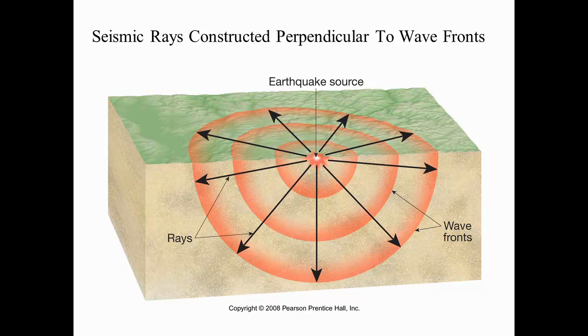The seismic rays originate at the source of the energy and are constructed perpendicular to the wave fronts. And there's an infinite number of seismic ray paths that can be constructed, and what we're going to do is just simply follow one or two of these paths and see how the seismic energy changes as it passes through deeper parts of Earth's interior.